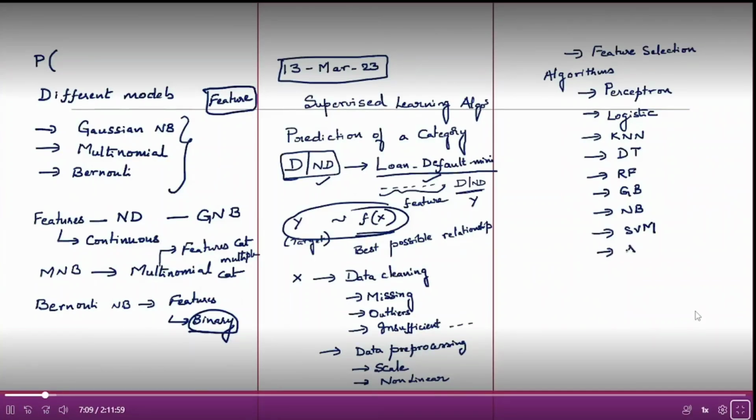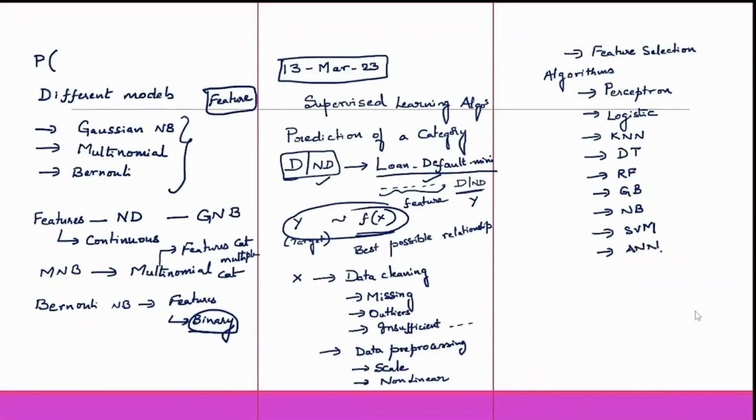Probably I am also going to look at the artificial neural networks now, which we otherwise call the multi-layer perceptron. So basically, what is the relationship between X and Y?